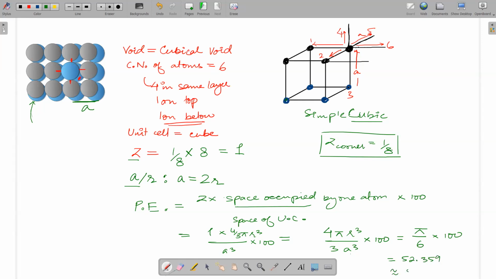So in your NCERT, this is written as 52.4 percent. So what will be the void percentage? 47.6.